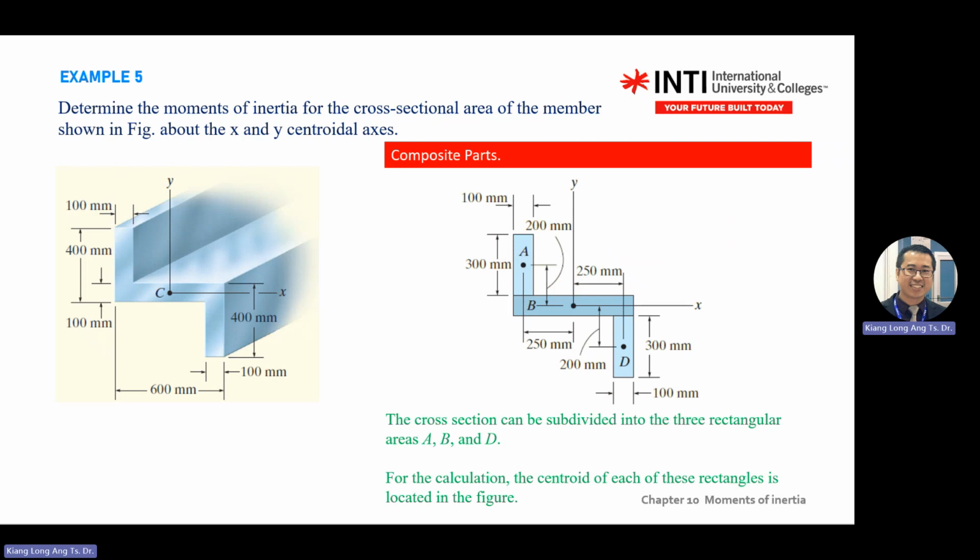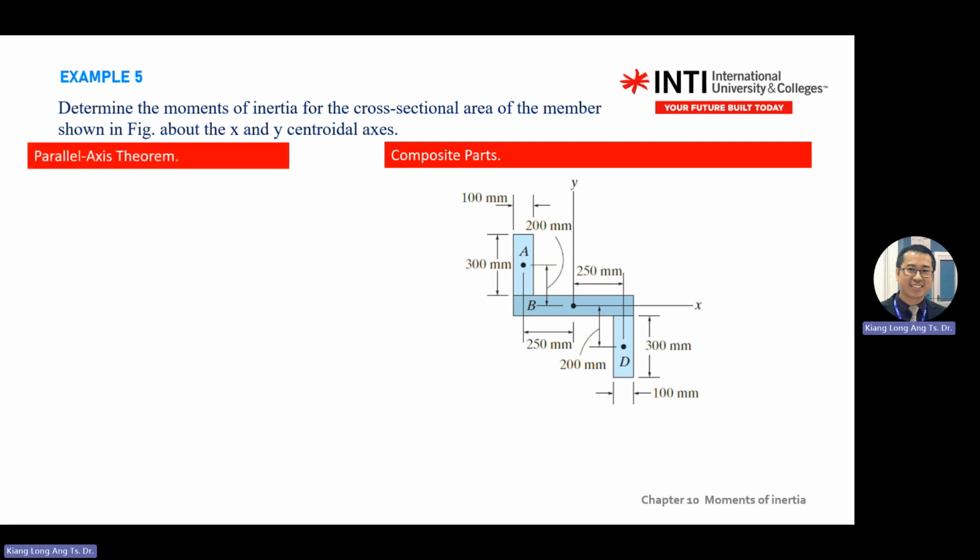Then after that, we do parallel axis theorem. We see from the x-axis. I ask you for y and x, right? So you need to do two: one is x, one is y. A is away from x, so you will have Ix plus Ad squared.